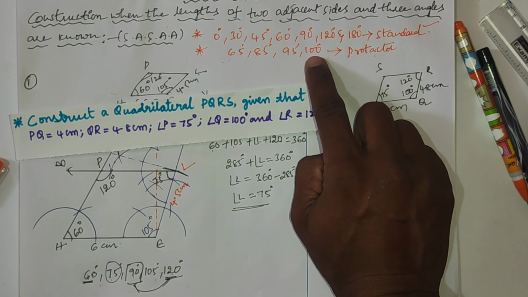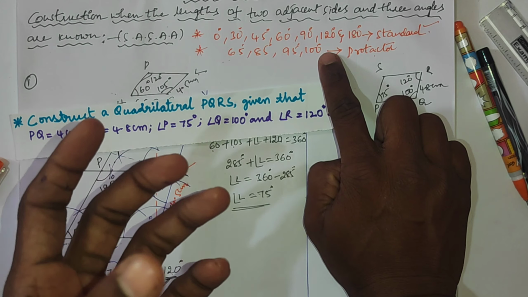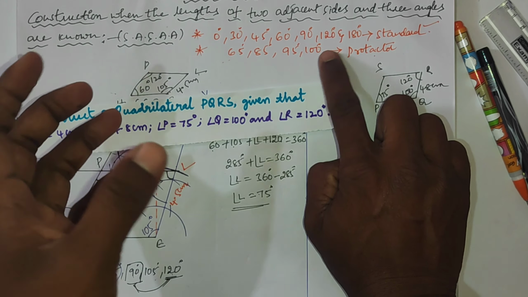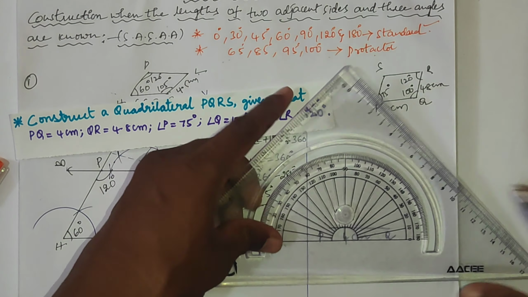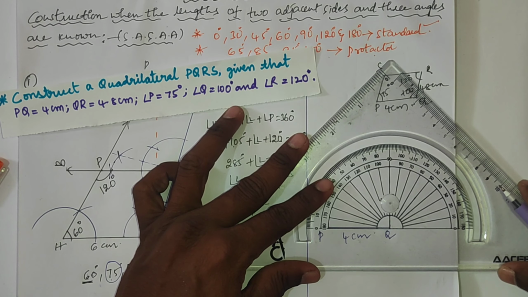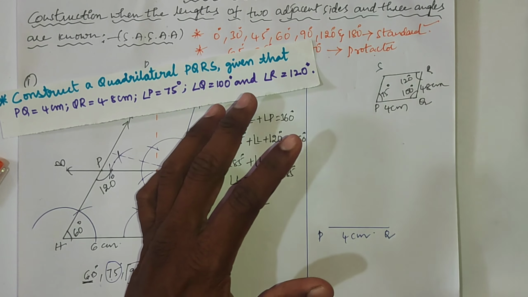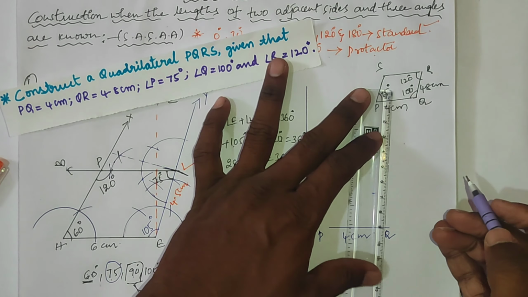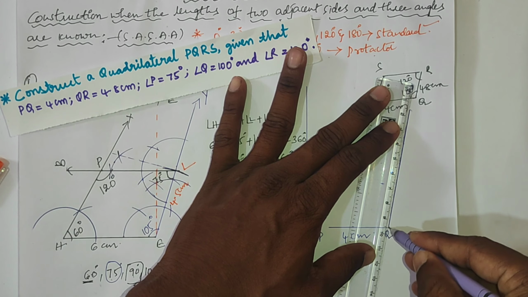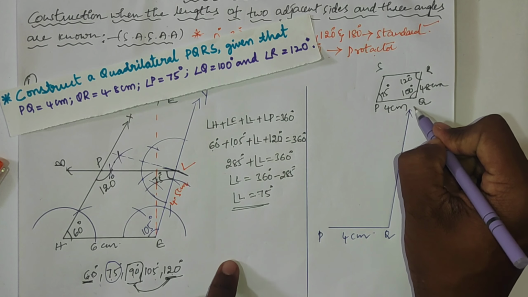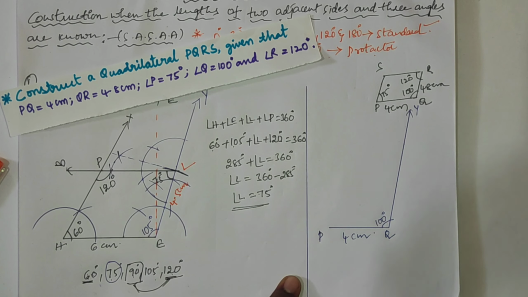So the angle of 100 degrees, I am taking with the protractor here, because we can construct it, but it will feel some difficulty. Measuring 100 degrees, I am drawing a ray. This is QY, a ray, which is 100 degrees. Completed.